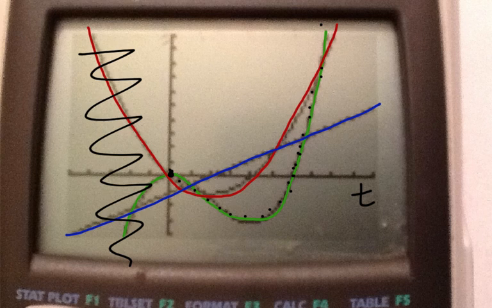Now, the velocity graph tells me direction of travel. When the velocity is negative down here, that means I'm moving to the left or down, depending on whether I'm on an x-axis or a y-axis. Moving in the negative direction from 0 seconds to whatever this other x-intercept is here.